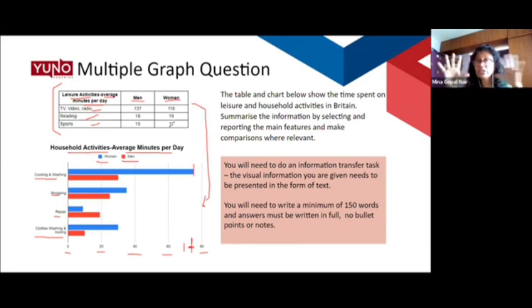So this is how you should utilize your time. Take around 3 to 4 minutes to study your question, understand it, and plan what you're going to write. Take around 12 minutes to actually write your report, and then maybe 2 to 3 minutes to check and make corrections, check and edit.